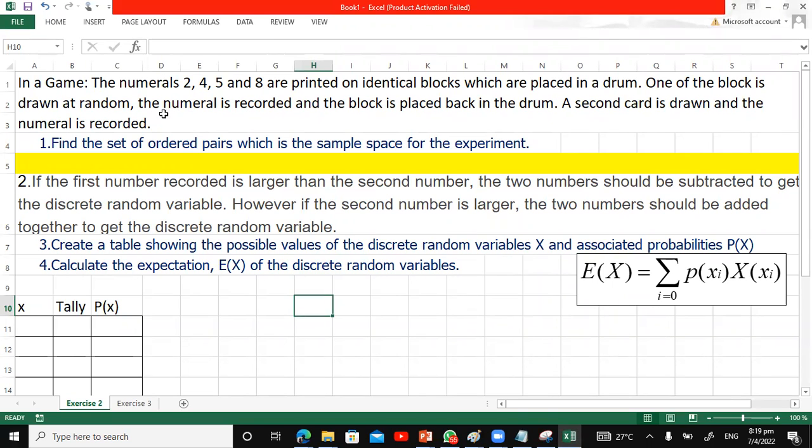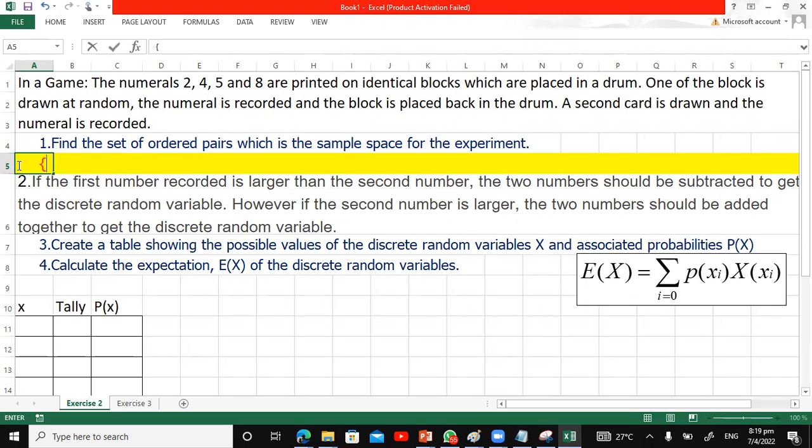All right, so this is our question. First of all, we're going to write down all the possible ordered pairs. Given that a block is selected at random and recorded, and then placed back into the drum, and then another one is selected. So let's see the different pairs that are possible.